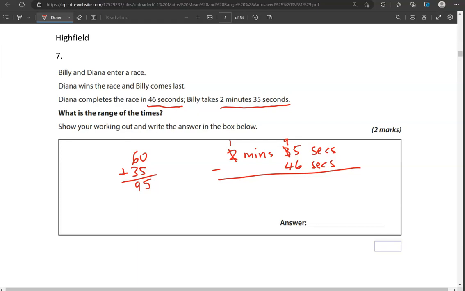So we'll start with 5 take away 6, which means we need to borrow 1 from the 9. So 15 take away 6 gives us 9. 8 take away 4 gives us 4. And 1 take away 0 gives us 1. So 1 minute 49 seconds is the range.